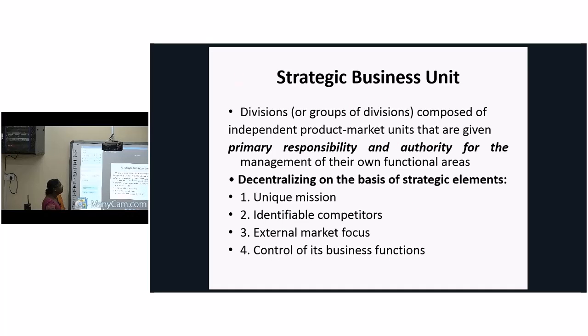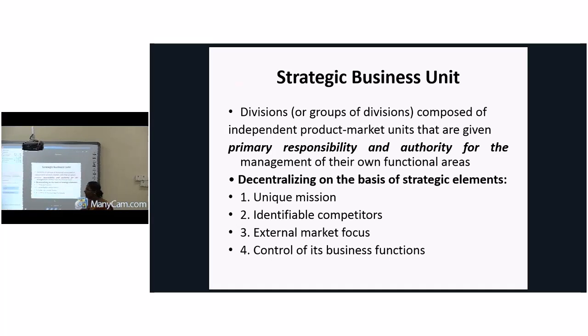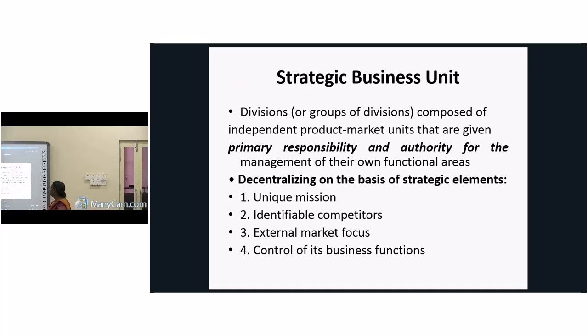SBU is a type of business unit. Large organizations and multinational companies have SBUs. They are strategic business units, some independent units attached to a particular large organization.